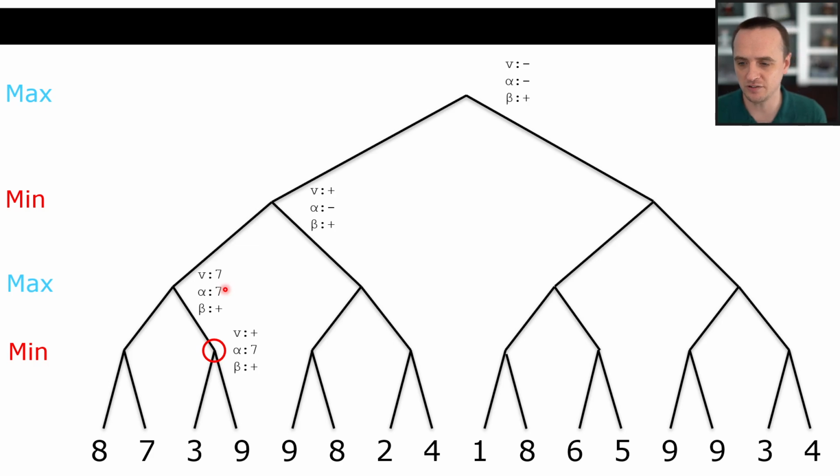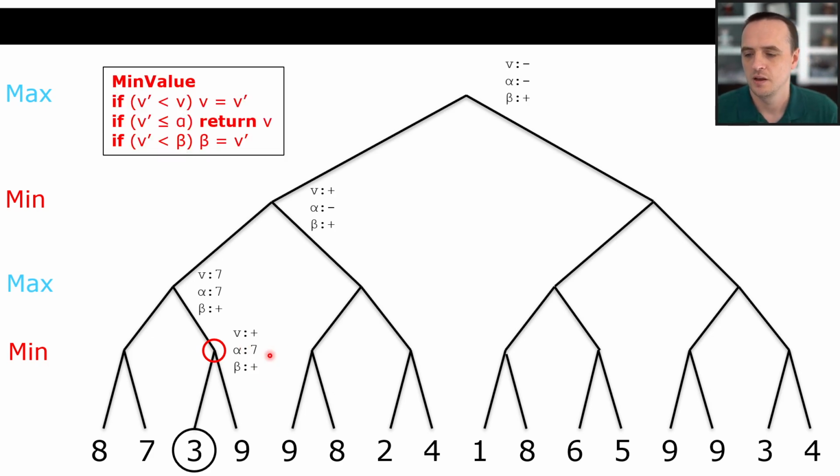What this means is, through the part of the tree that we have looked at so far, this node up here is a maximizing node, and it knows that its value is going to be greater than or equal to 7, right? So keep that in mind. That's what the alpha means. It's going to be at least that much.